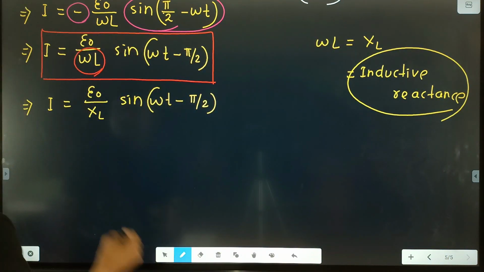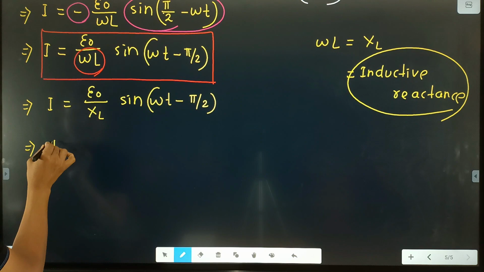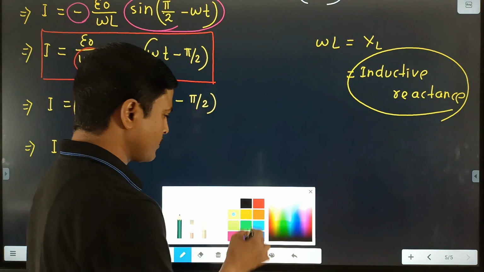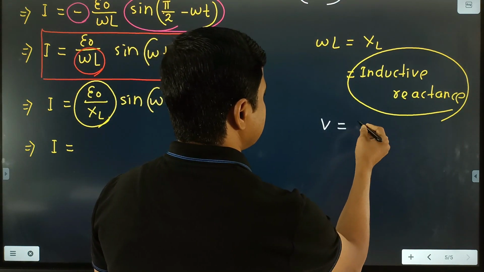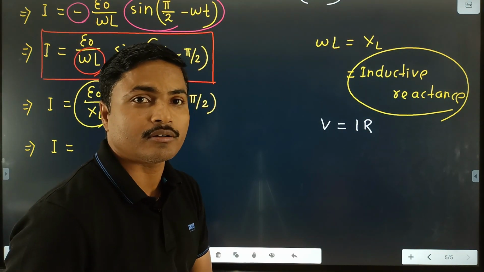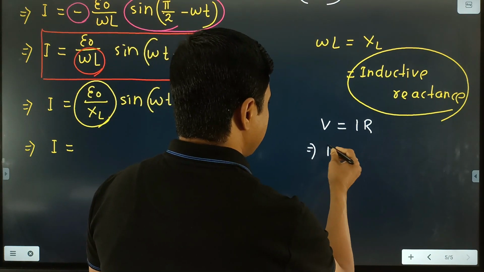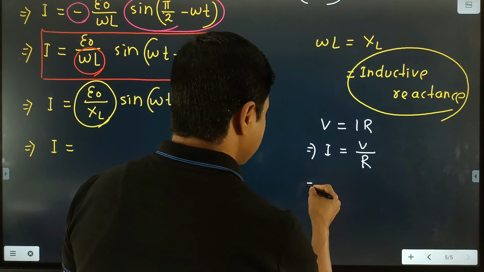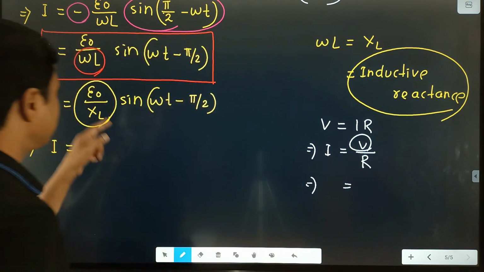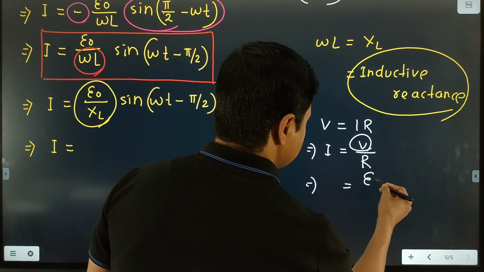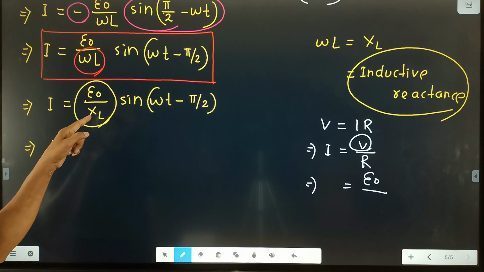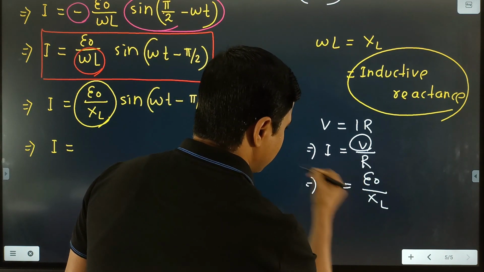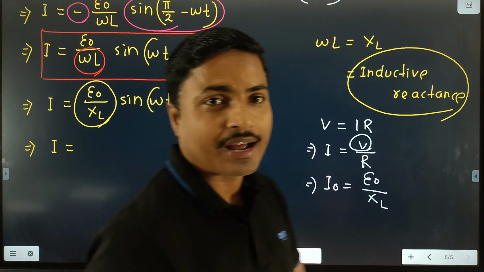Clear? Then here we put Ohm's law. You know Ohm's law: V is equal to IR. That implies I is equal to V divided by R. Here in place of V, E0 is there, and in place of R, XL is there, so we write E0 divided by XL.